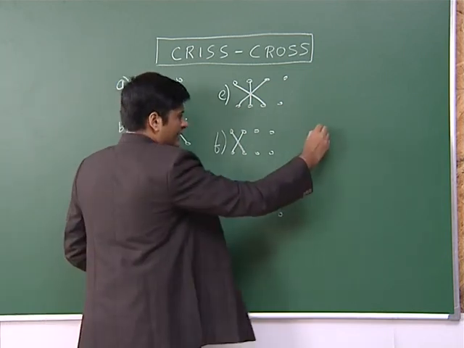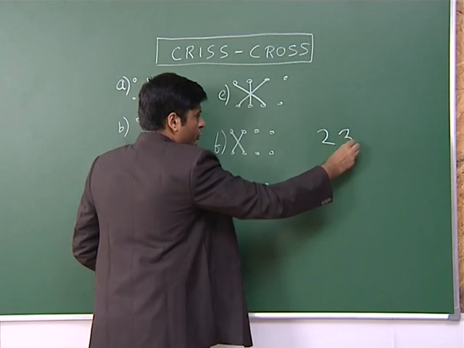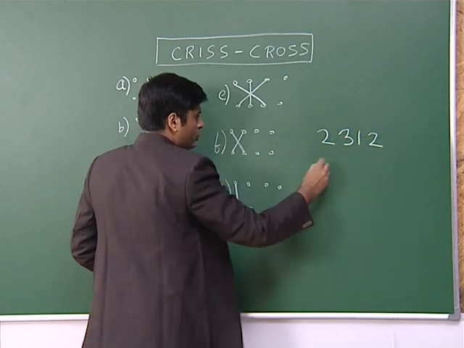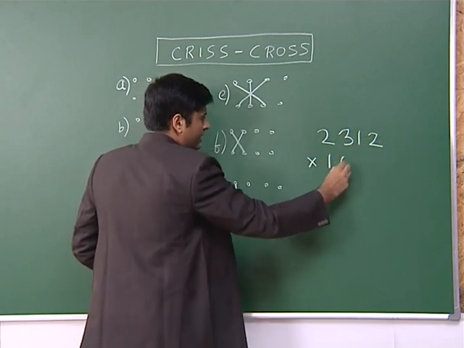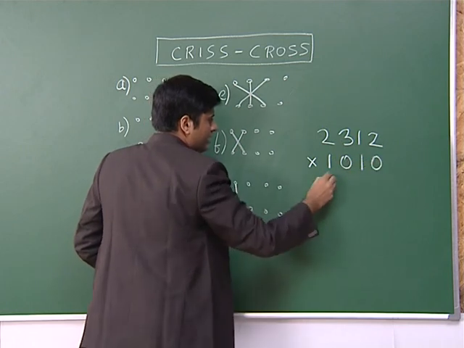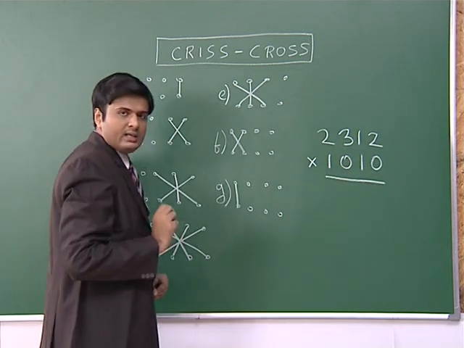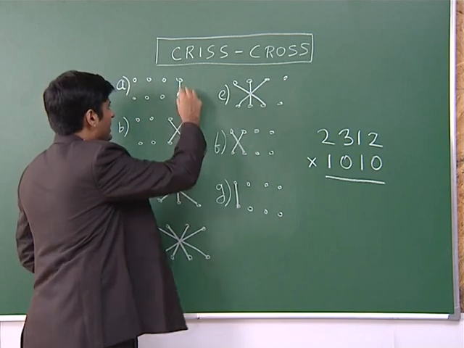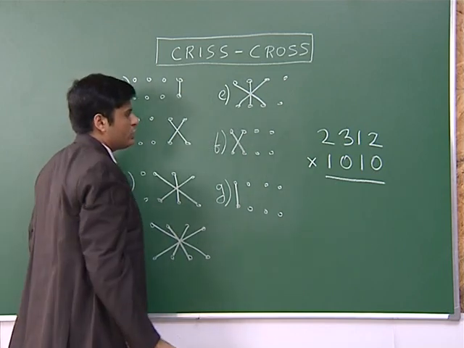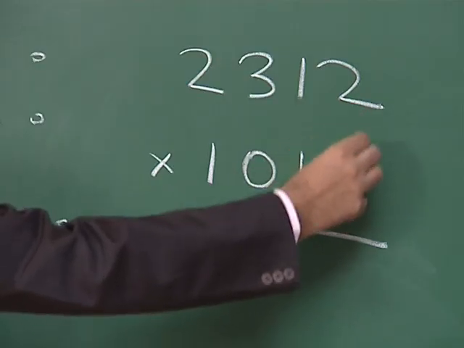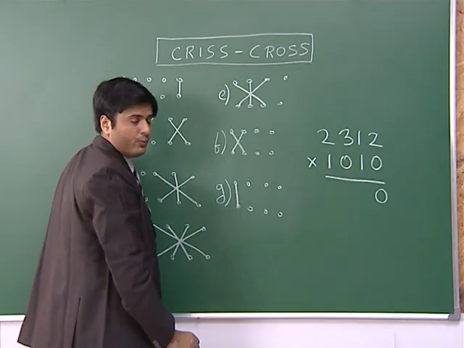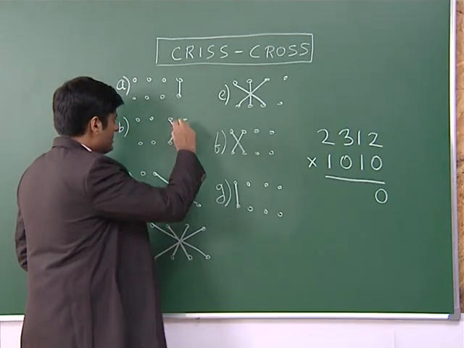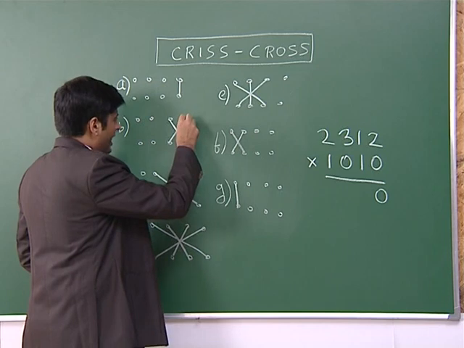Suppose I have to multiply, say, 2, 3, 1, 2 by 1, 0, 1, 0. Step A says multiply these two numbers. So, 2 times 0 is 0. Step B says multiply like this and like this.